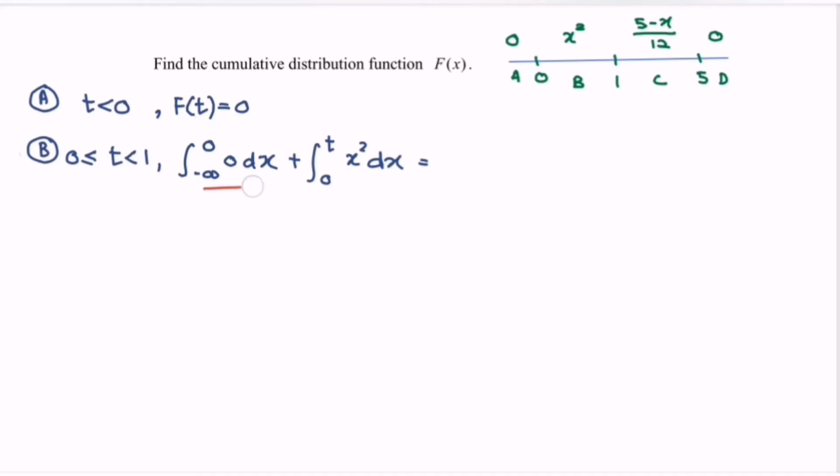For this part, very obvious, it is F(0). So substitute 0, we will still obtain 0. Then focus on the second part, where we have x to the power of 3 over 3 for the limit t and 0. So as a conclusion, F(t) is equal to t cubed over 3 minus 0. So here we have the situation for part B.